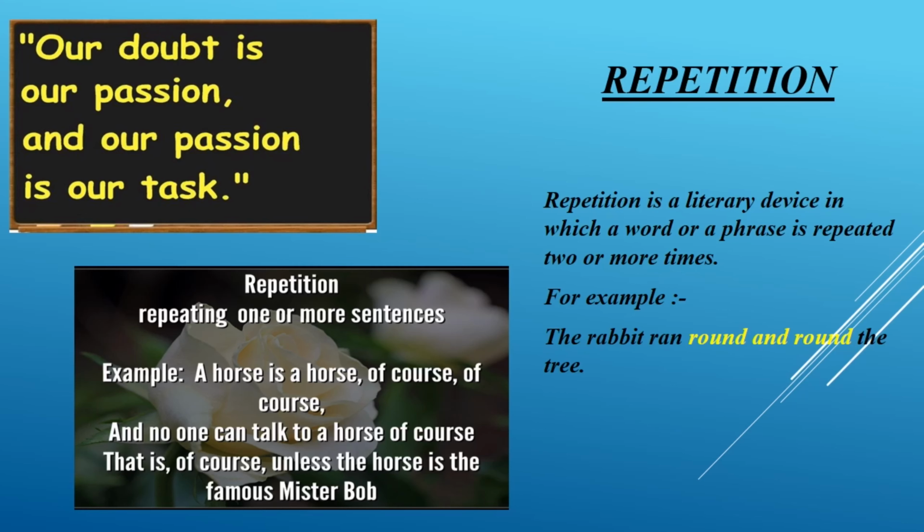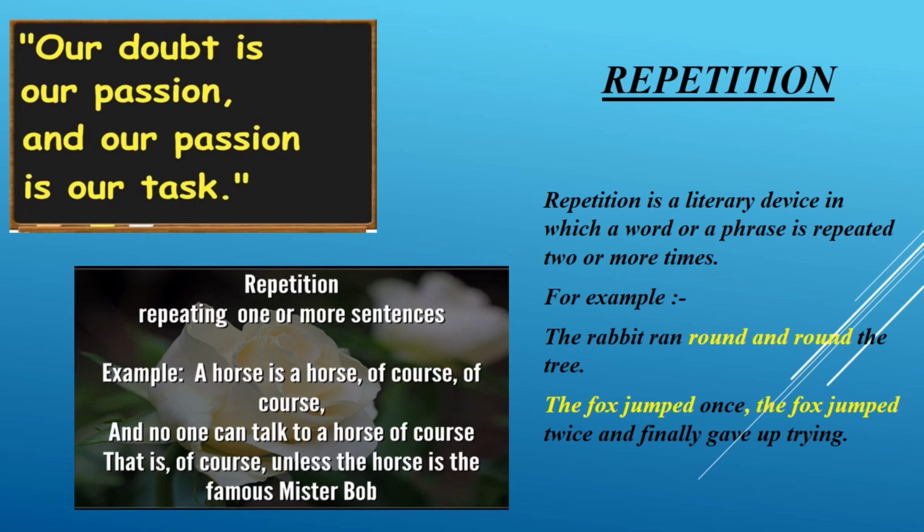Next example, the fox jumped once, the fox jumped twice, and finally gave up trying. So the fox jumped is a phrase which is repeated twice for creating a greater poetic effect, for emphasizing a particular statement. So the figure of speech again becomes a repetition.